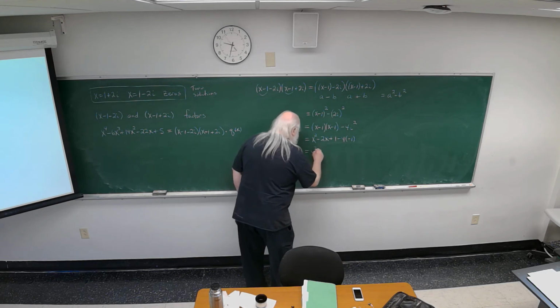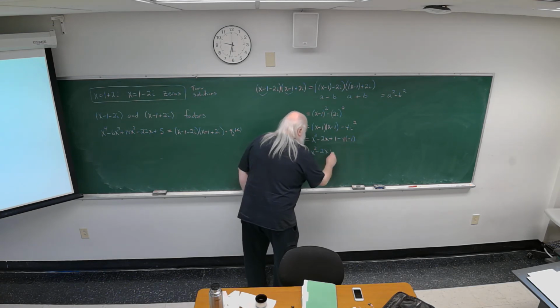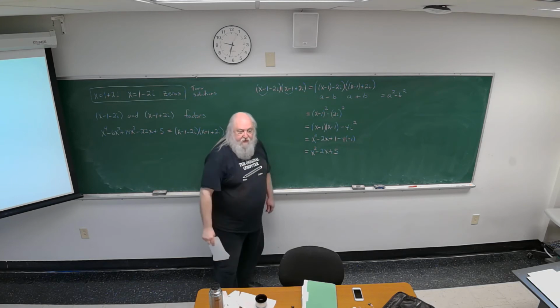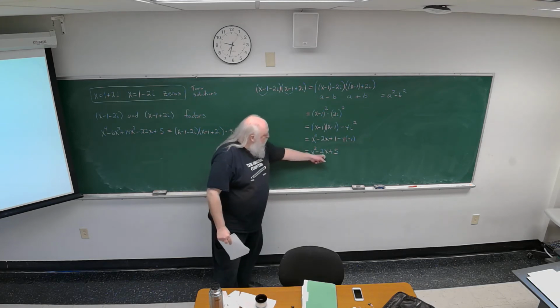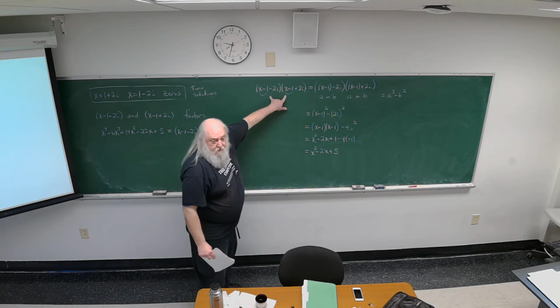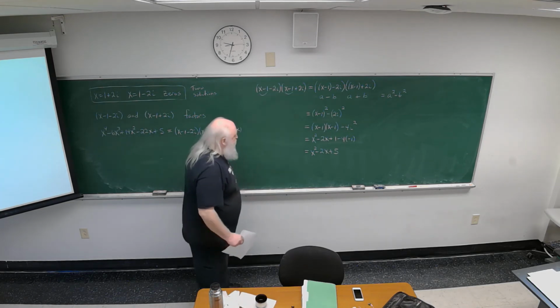So you end up with x squared minus 2x. Minus 4 times negative 1 is 4, and 4 and 1 is 5. So if you look at this in reverse, the factors of x squared minus 2x plus 5 are these two factors, right? Complex numbers.